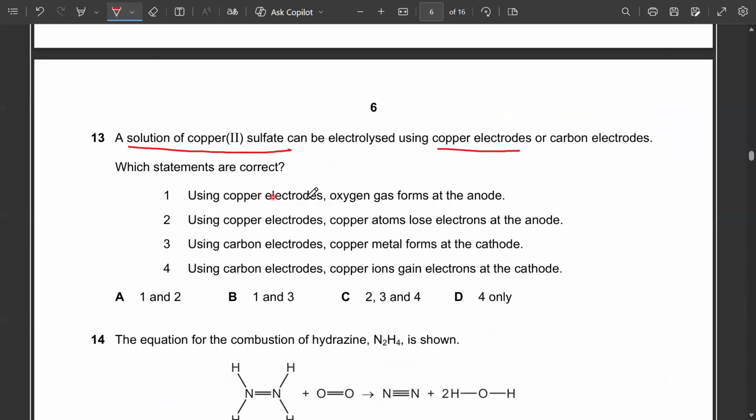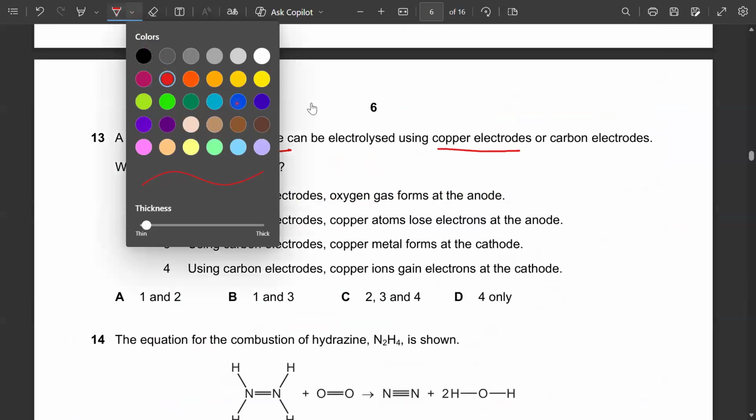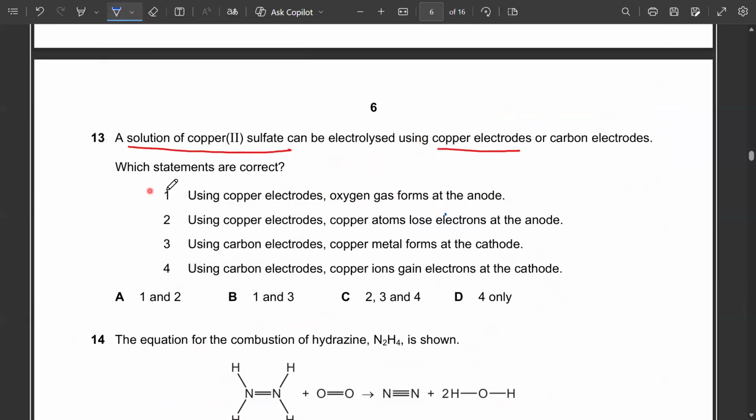The first statement says using copper electrodes, oxygen gas forms at the anode. So that is a wrong statement, because what we saw with the copper electrodes is a formation of Cu2+ ions at the anode, not oxygen gas.